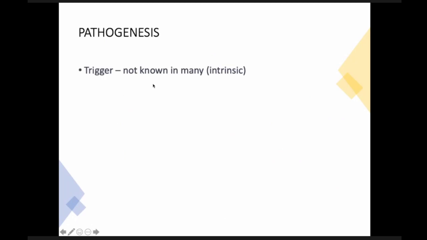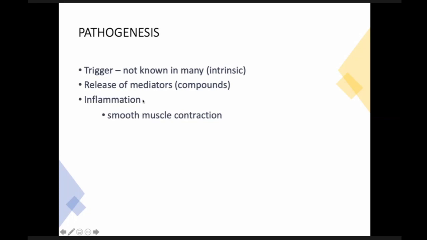Triggers, sometimes you can recognize, sometimes you cannot recognize a trigger. And this is called intrinsic. When the asthma is not caused by anything outside, we call it intrinsic asthma. There's the release of mediators, there's inflammation, and the result of inflammation is 3 or 4-fold.